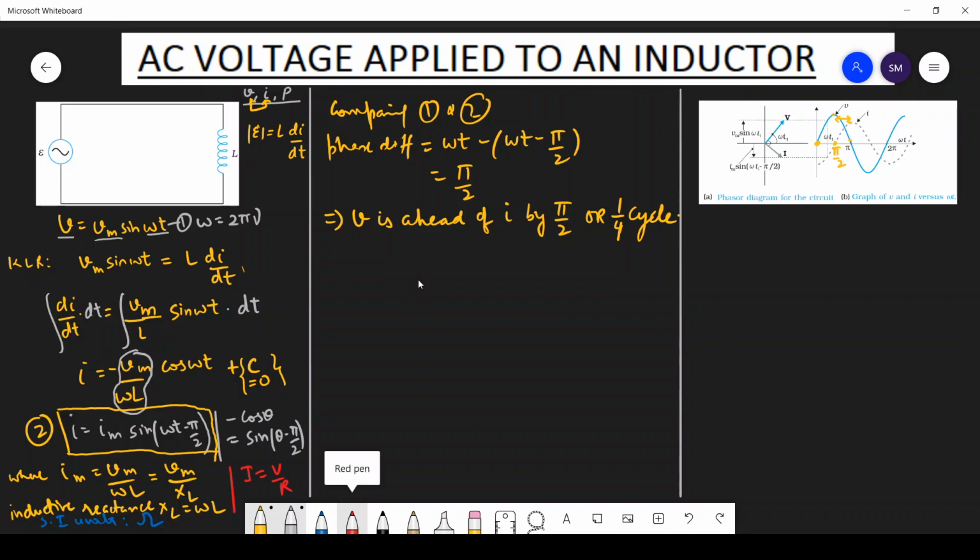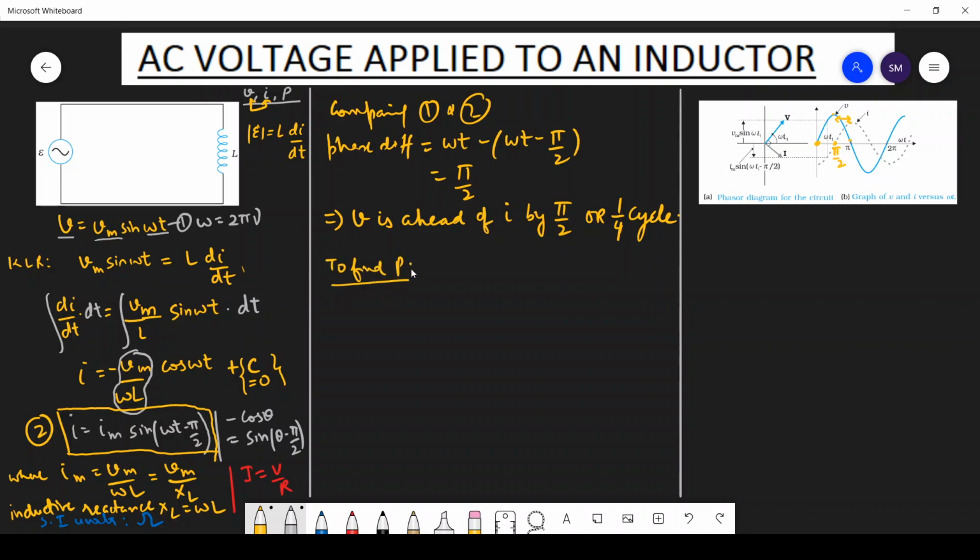Now our next job is to find the average power over a complete cycle.